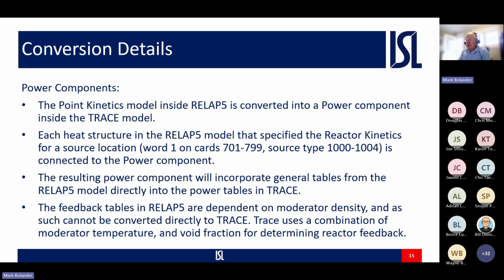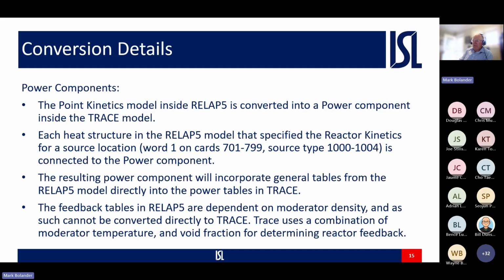Each heat structure in the RELAP5 model that specified the reactor kinetics for a source location is connected to the power component. Note that the resulting power component will incorporate general tables from the RELAP5 model directly into the power tables in TRACE.